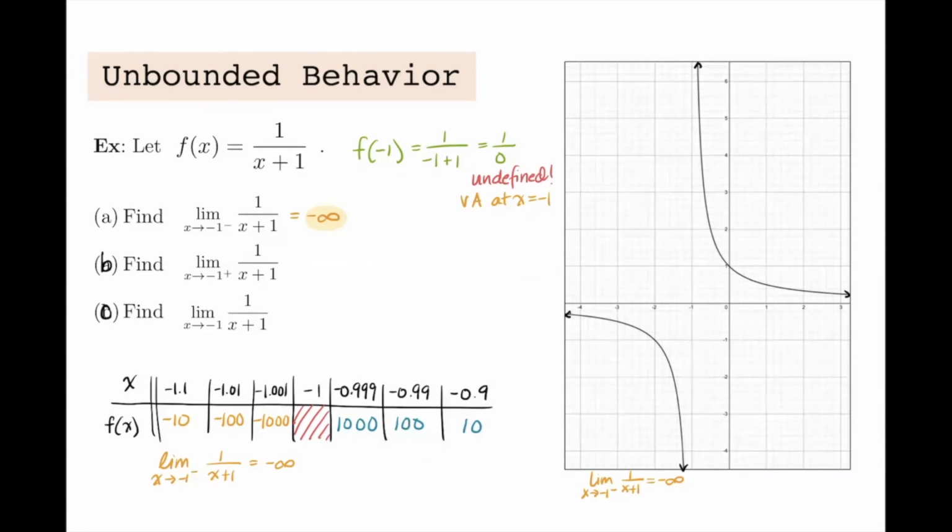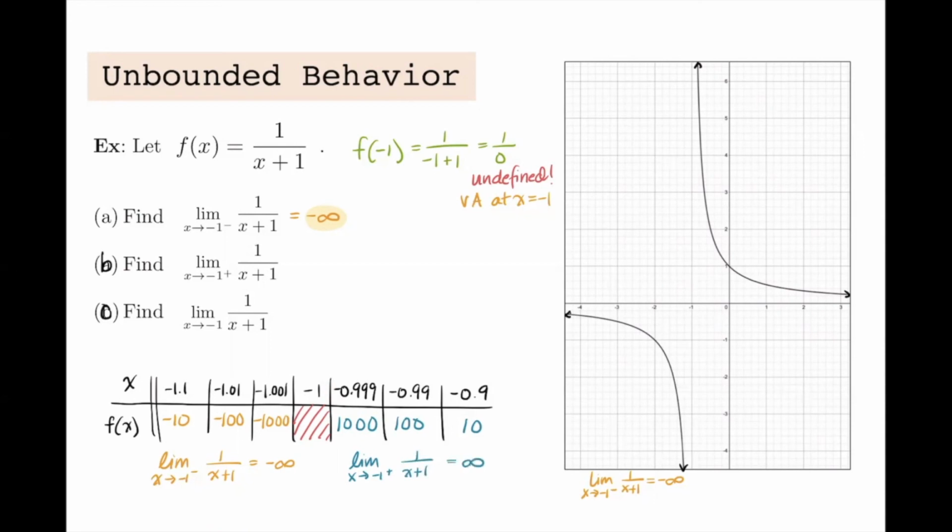You can even test this further by plugging in a number that lives in between -0.999 and -1, like -0.9999999, just mash on the 9 button, and you should get a very, very large positive value. So what that indicates to us by looking at the table is that the limit as x approaches -1 from the right-hand side of 1 over x plus 1 is positive infinity.